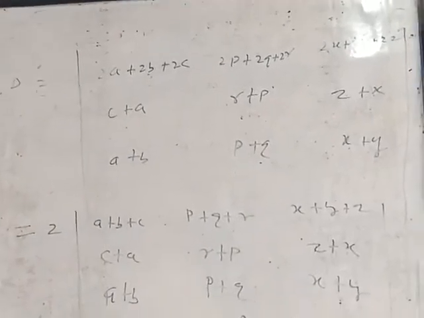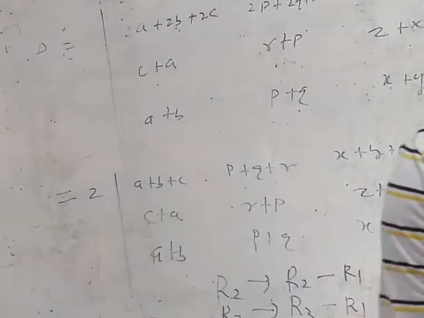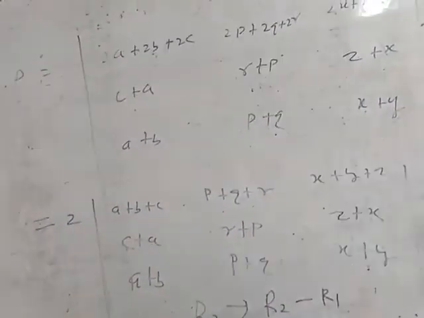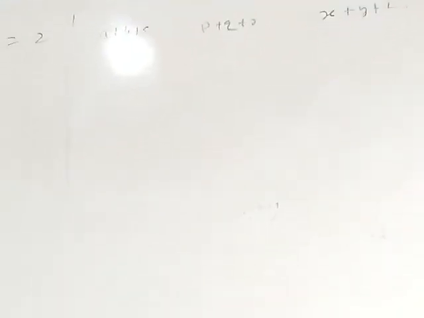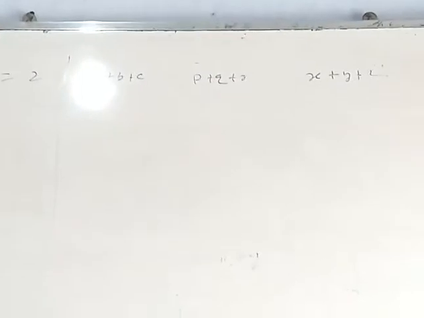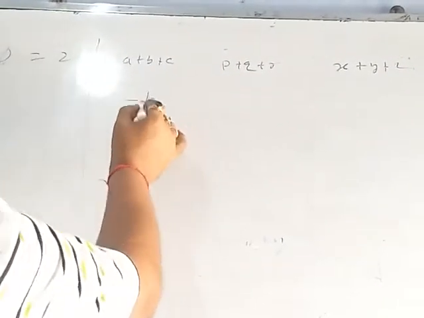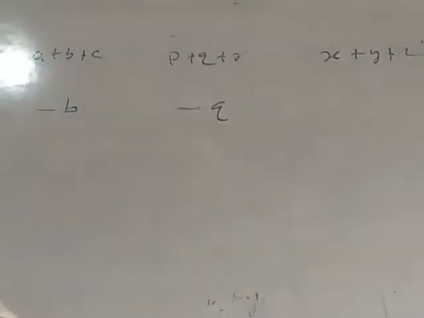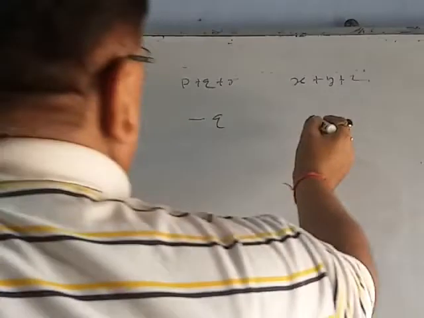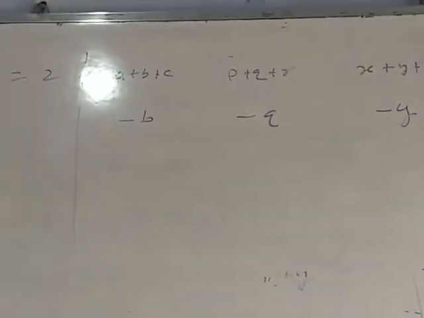So, applying this operation, we simplify now after operating using the property R2 minus R1. So here it will be minus B, and here it will be minus Q. Here it will be minus Y, and A plus B is there.